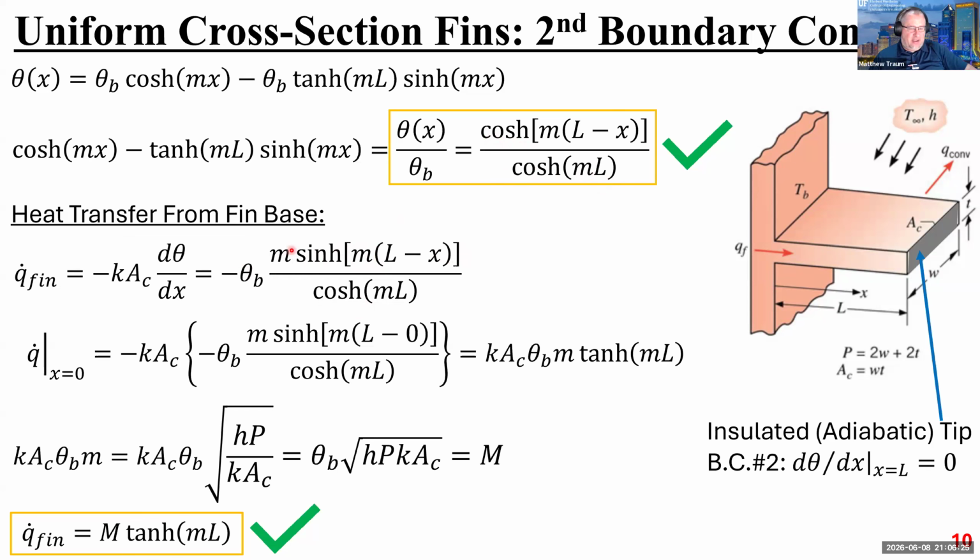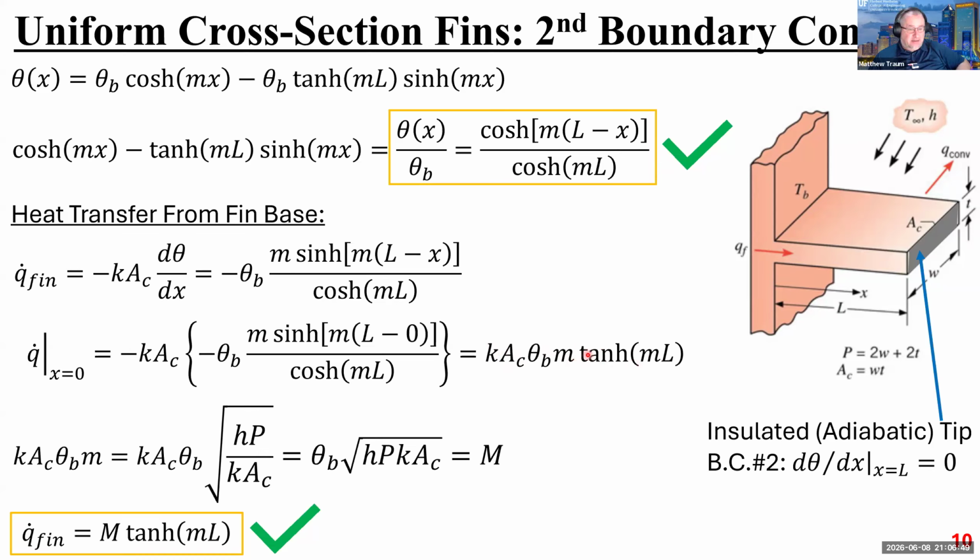I've got a negative sign here that has to come out, so that's where that comes from. And now I've got my expression for heat flux at x equals zero, so heat flux at the base. And it's just this: k times A sub c, that cross-sectional area, times theta b, the temperature difference, times lowercase m, times hyperbolic tangent of ml, right?